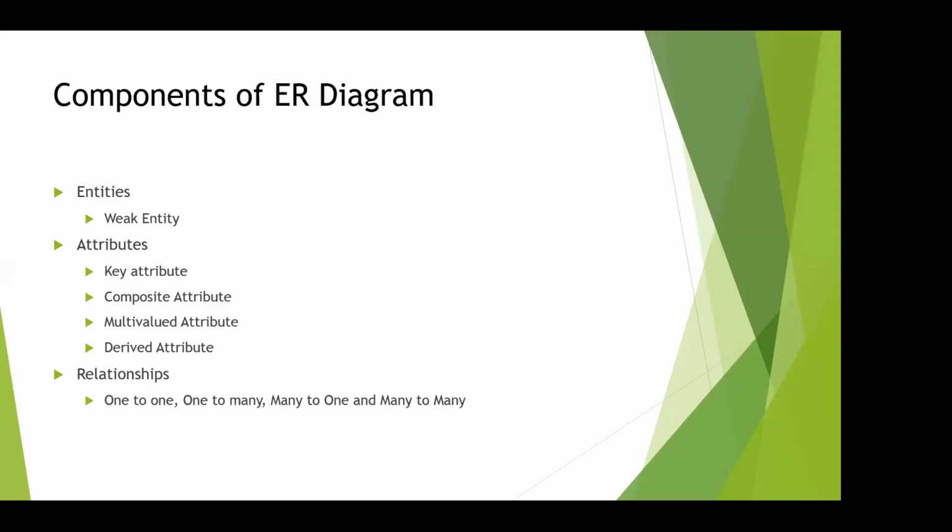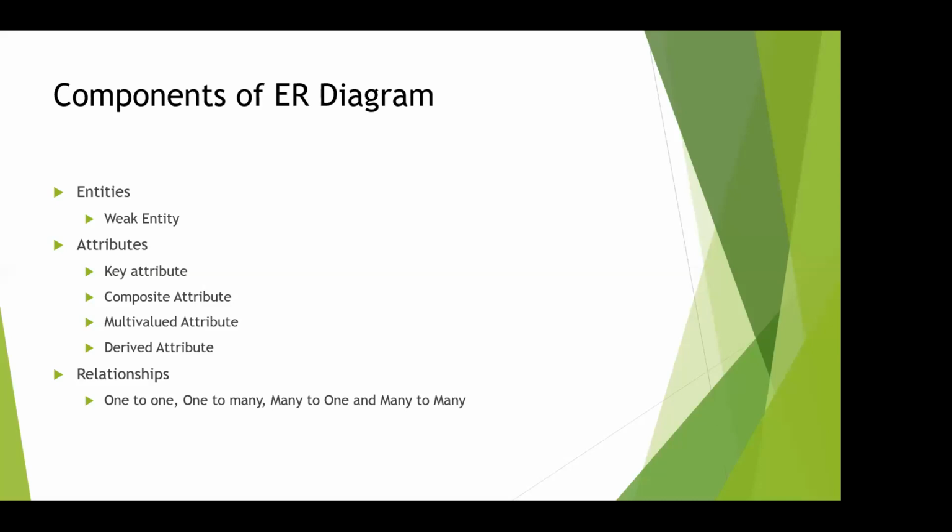Okay. Whenever you are going to read the ER model, you have to remember the three components: entities, attributes, and relationships. Again, the type of entity is the weak entity, and the types of attributes are key attribute, composite attribute, multi-valued attribute, and derived attribute. And if I say relationships, you have to remember one to one, one to many, many to one, and many to many.